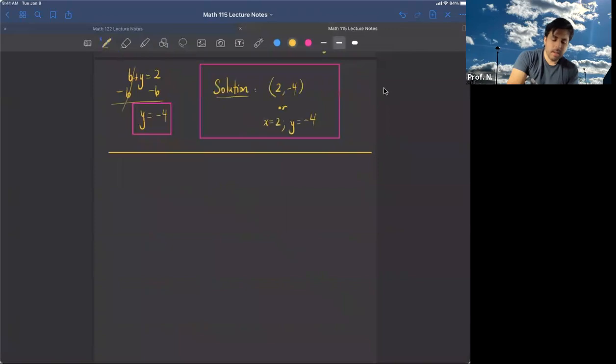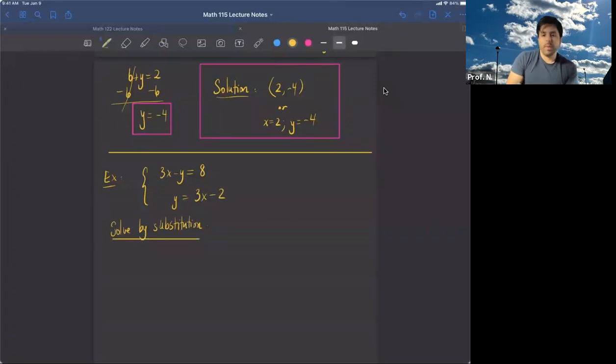If no other questions, let's see what happens when I get something like this. 3x minus y equals 8, and y equals 3x minus 2. So then we understand, right? Solve by substitution. If I want to solve by substitution, it seems simple.